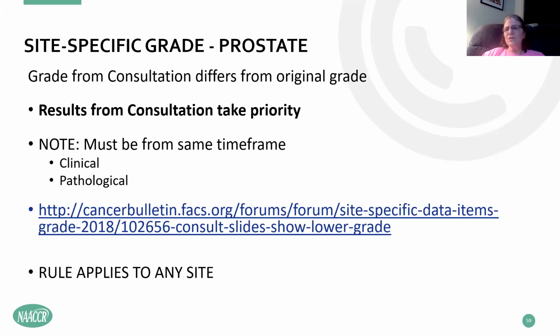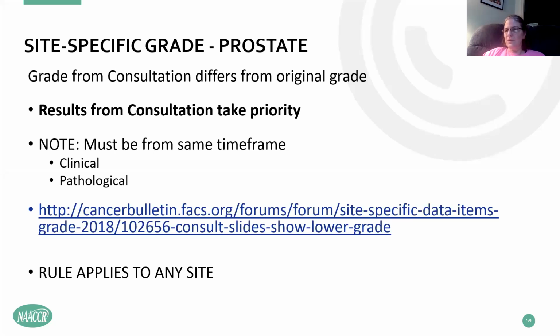Well, the results from the consultation take priority. And this is what AJCC does. This apparently is in the SEER manual, should be documented in the STORE manual. The consult takes priority. And this applies to the SSDIs as well. This is actually in the SSDI manual and the general instructions.